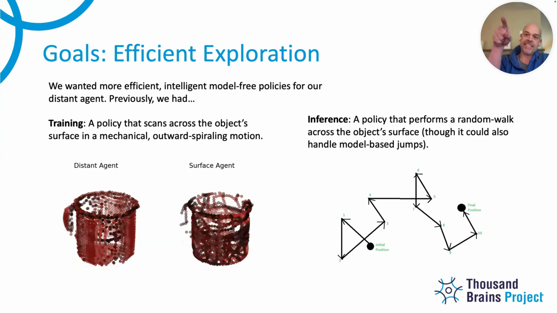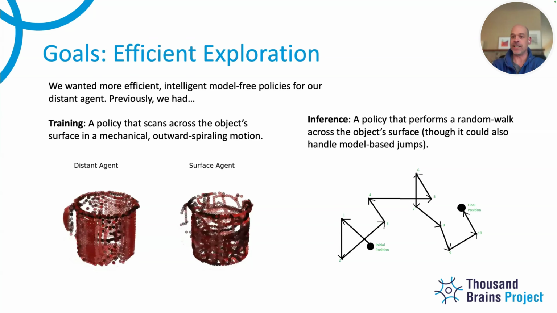Essentially, Monty's eyes would land upon an object, and it would just start doing this random walk. It's pretty good at exploring local areas. It's a fine policy if you want to explore locally, but it is less than optimal for recognizing objects, because you may not get to the part of an object that really distinguishes it for quite a while.